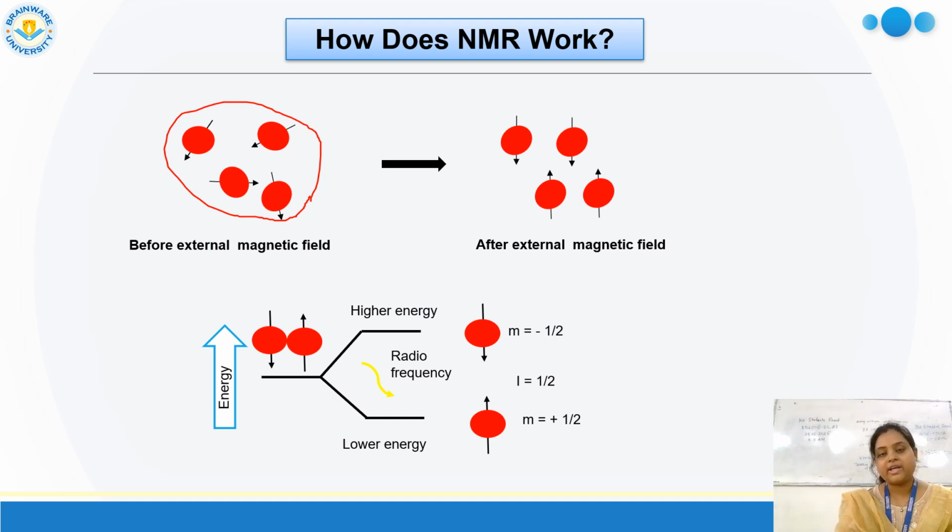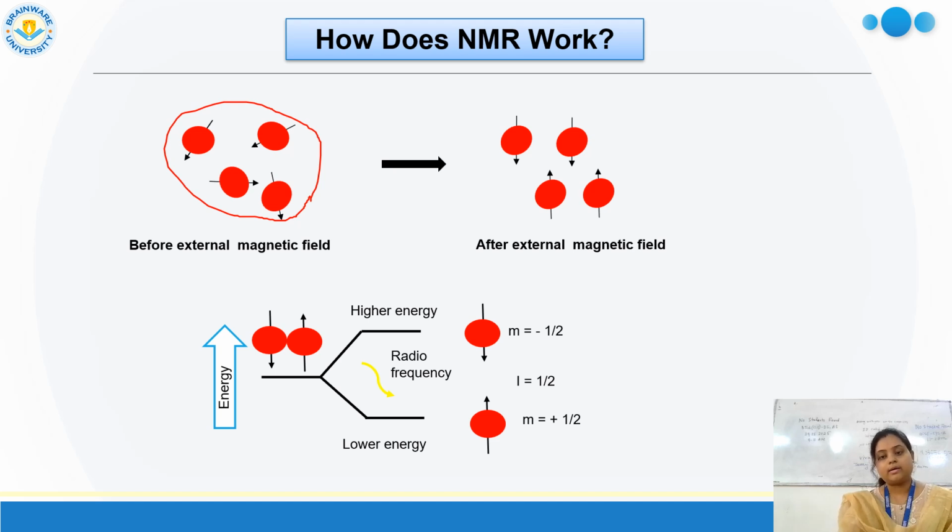Now, if we give the radio frequency, that means electromagnetic radiation, like the light falling on matter in the first slide, here also the nuclei are under the magnetic field, but no external energy has been given yet.